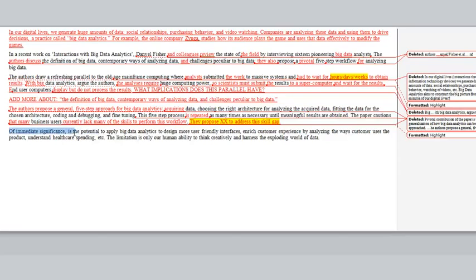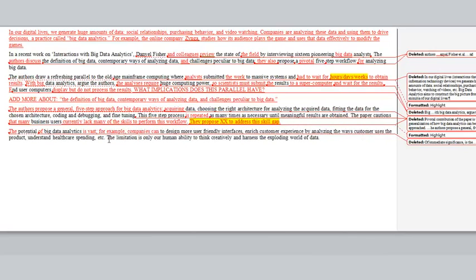I'm just going to change a few words here. So we can just jump right in the potential. I think the potential of big data analytics is sufficient here. The potential of big data analytics, I'm going to say, is vast. And then a semicolon, for example.